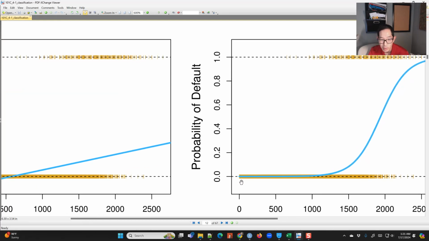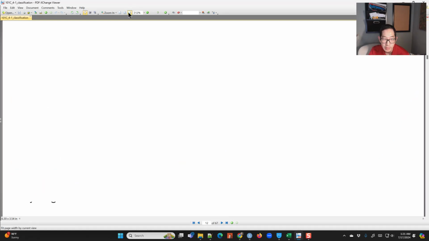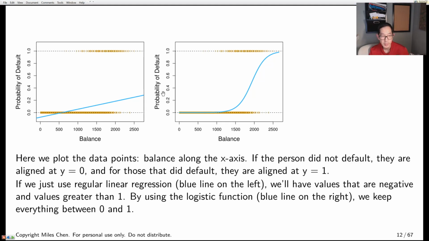On the bottom there are so many vertical lines that they all merge into one big blended bar. On the left-hand side is a linear regression line, which draws a straight line. Again, it gets negative, indicating a negative probability of default, and eventually it crosses over 1, and that's just not ideal here.